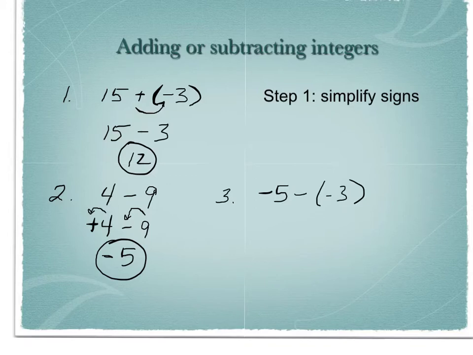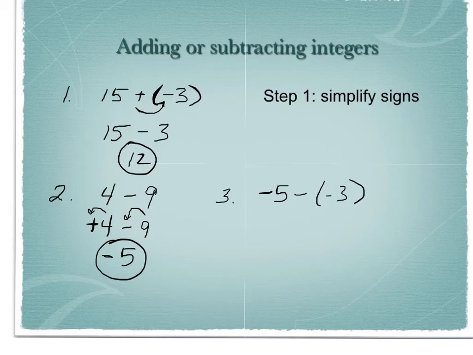For this example, negative 5 minus negative 3, again, we can simplify our signs, meaning we have two signs separating our integers. We have one here and here. We're going to take those two signs and multiply them. A negative times a negative becomes 1 positive.